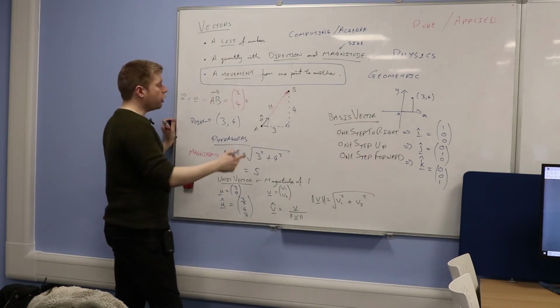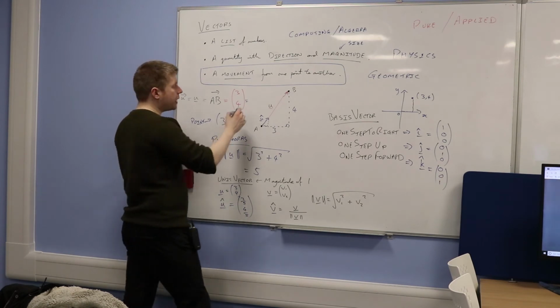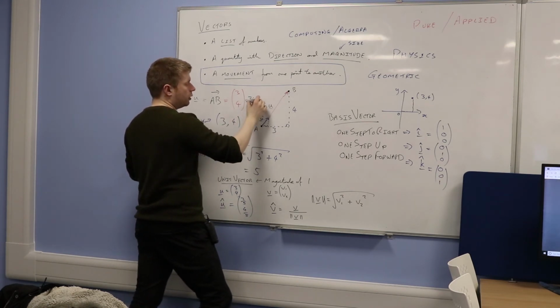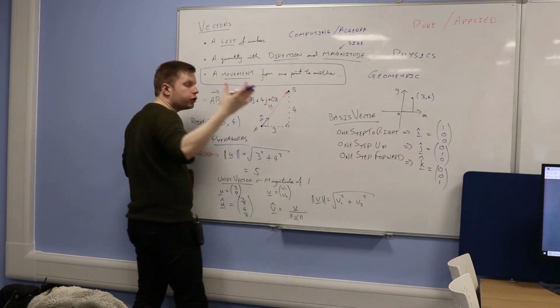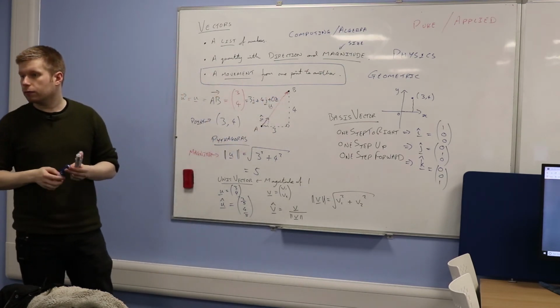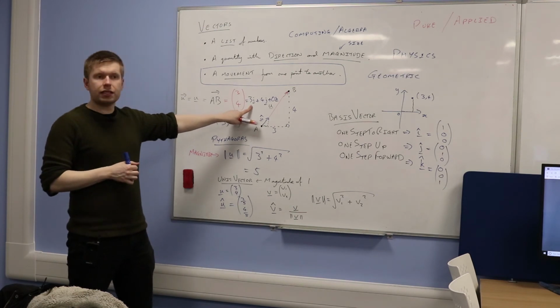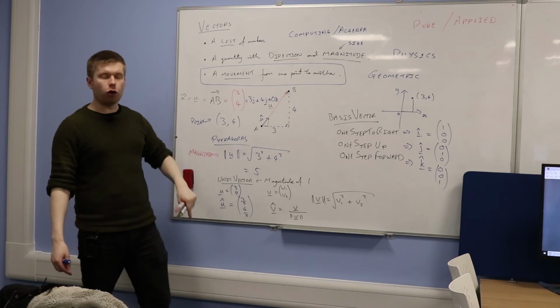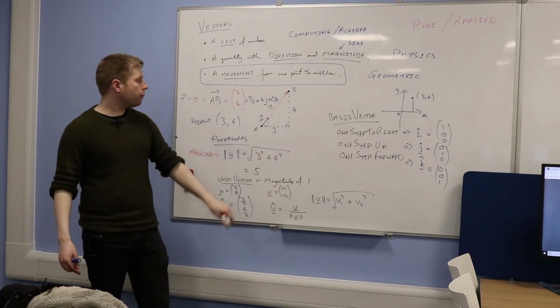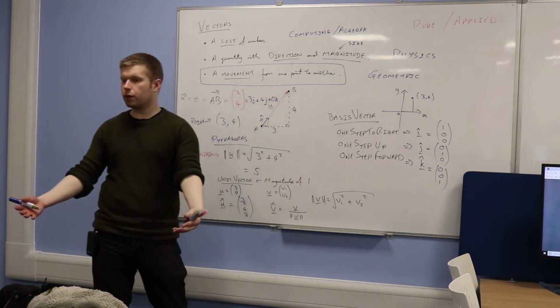So if I wanted (3, 4), would you be happy that would just be 3i plus 4j, and if you like, it would be 0k, because I'm not doing any steps forwards or backwards. So what this literally means is I take 3 lots of i, where i is just 1 step to the right, 4 lots of j, where j is just 1 step up, and 0 lots of k, where k is just 1 step forward.